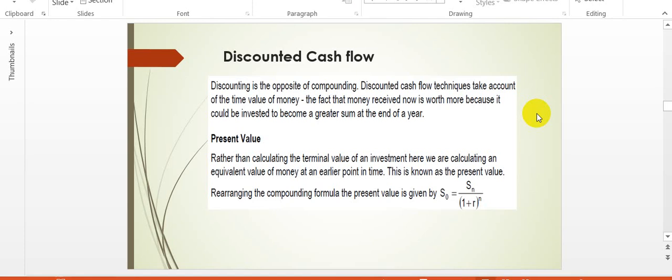To calculate this, we rearrange the compounding formula, which becomes present value, represented by S0, which is S for time 0, equals Sn, the sum in the period in the future, divided by open brackets, 1 plus r, being the cost of capital or the rate of return, close brackets, to the power n, the n being the period in the future.